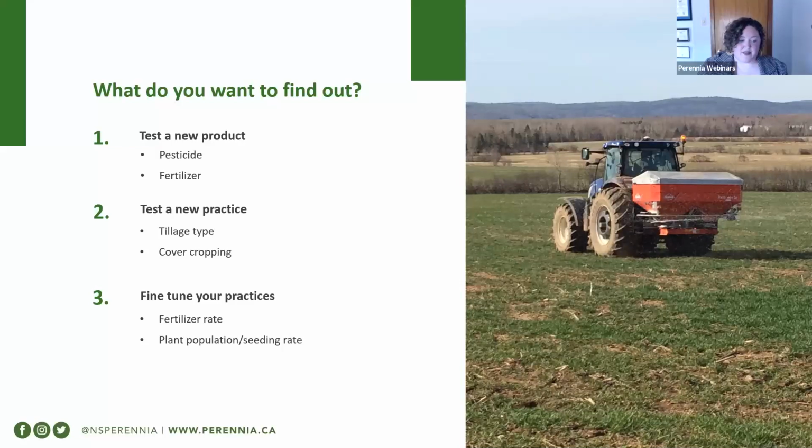And then the data that you collect would either support or reject that hypothesis. So for instance, if your question is, can I lower my soybean seeding rate without losing a large amount of yield? Your hypothesis could be, I can reduce my soybean seeding rate by 20,000 seeds per acre without significantly impacting my yield. And then the data that you collect will either prove or disprove that hypothesis.